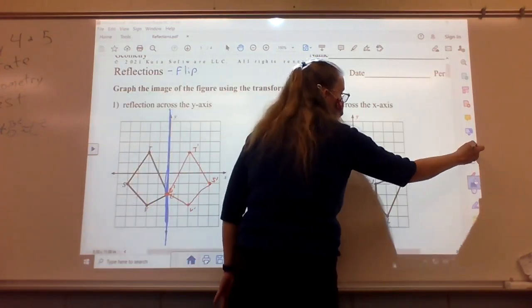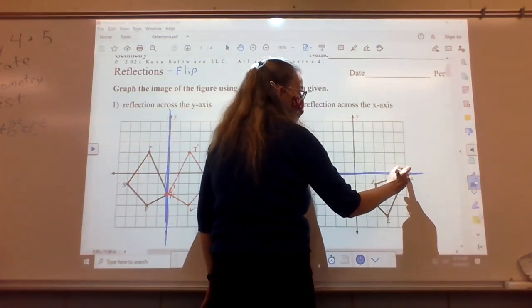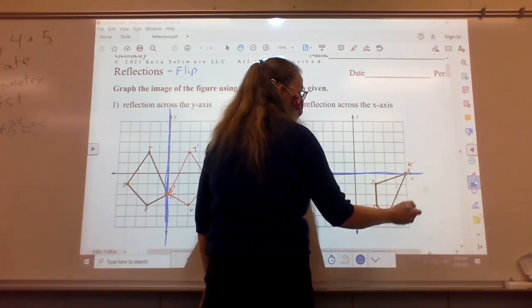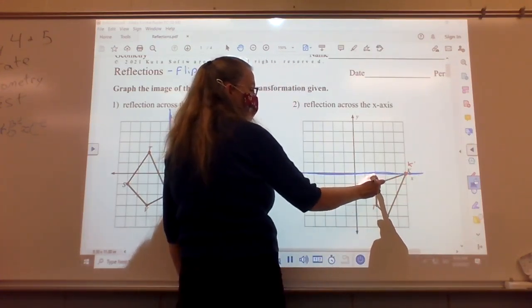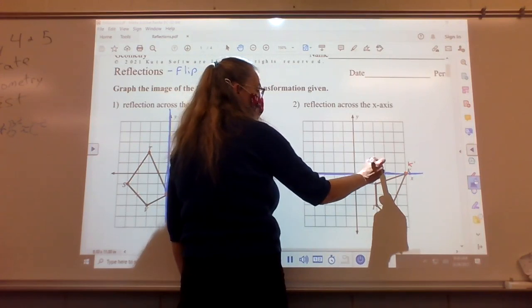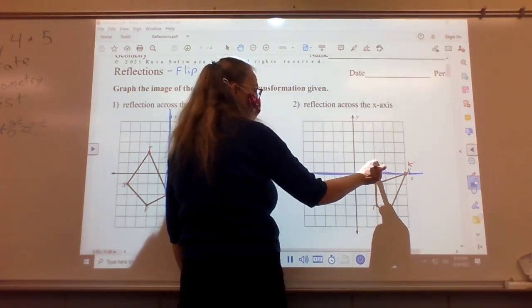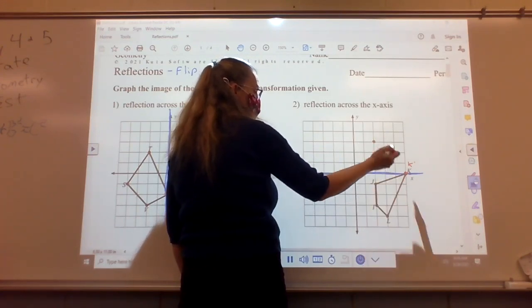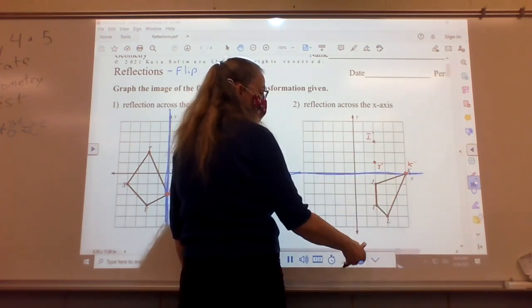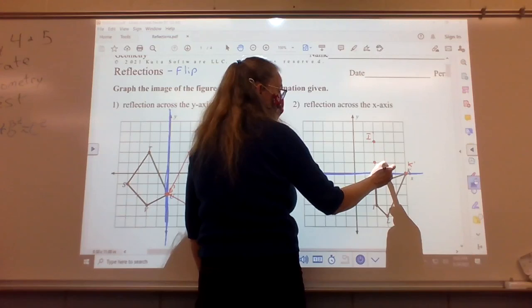Now K didn't move. So K is still just right there. J is 1 below, so I got to go 1 above. So there's my J. I, 1, 2, 3 to get to the line. 1, 2, 3 to get to the other side. There's my I prime. L, 1, 2, 3, 4.